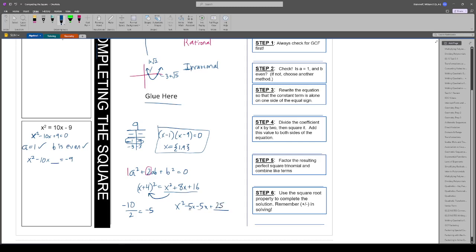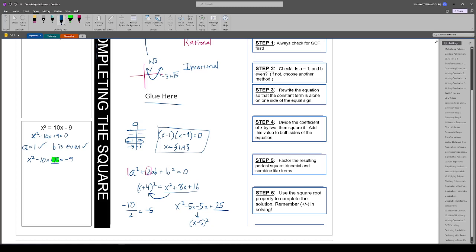So this missing number has to be 25, and it would create the perfect square x minus 5 squared, or x minus 5 times x minus 5. So to fill in this blank that I left on the left here, I need to put in a plus 25 to create a perfect square.